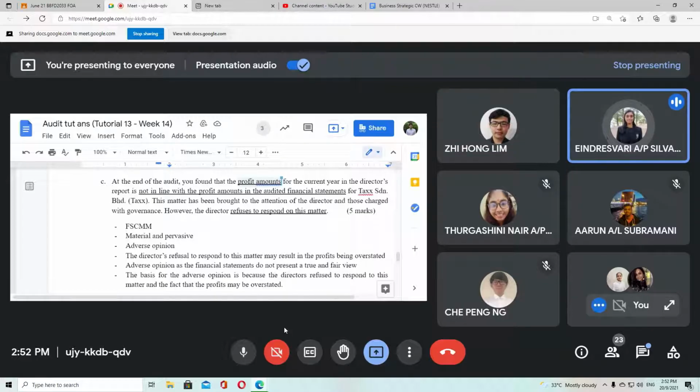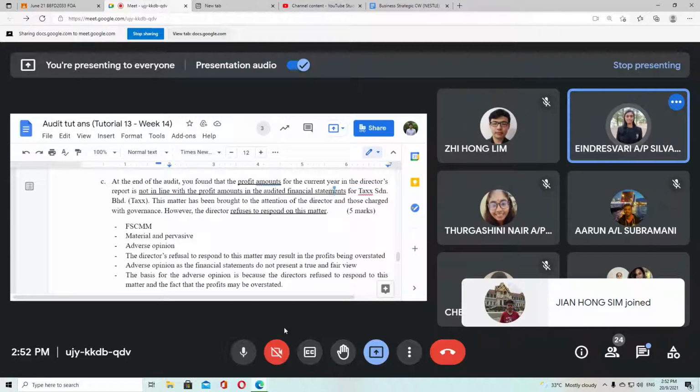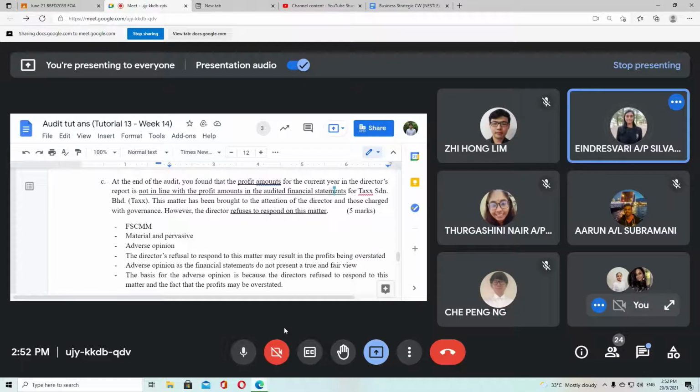There are two places where this figure appears and it didn't match. Where are the two places? The director's report and the audited financial statements.